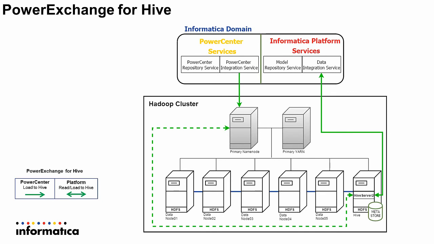So what is Hive? How is Hive different, right? So again, let's look at PowerCenter. The PowerCenter Integration Service talks with the name node. Let me backtrack here. What PowerCenter does, again, is use the Hadoop APIs, and it says, hey, I'm going to load data to Hadoop.